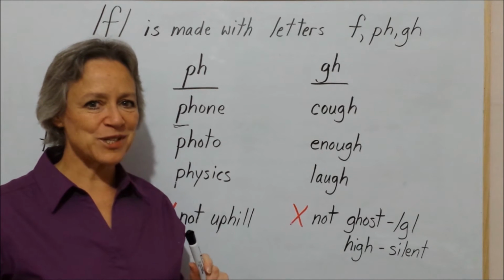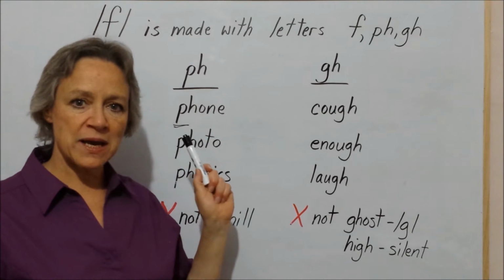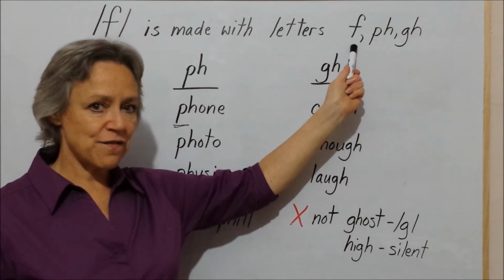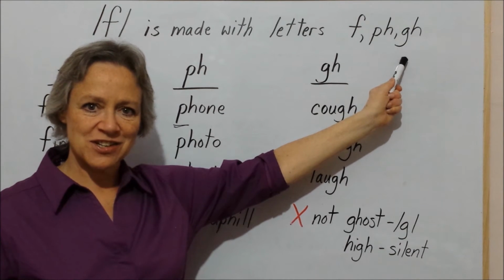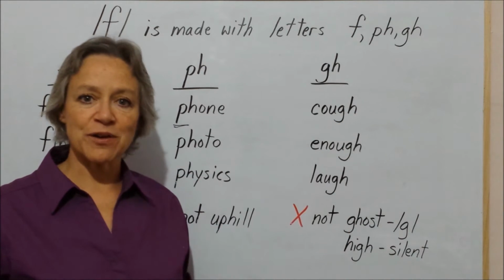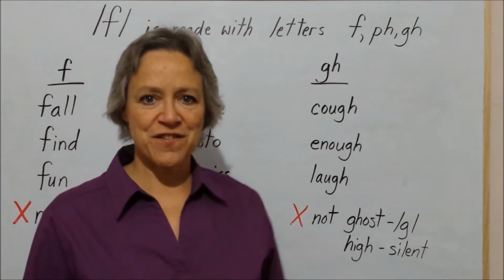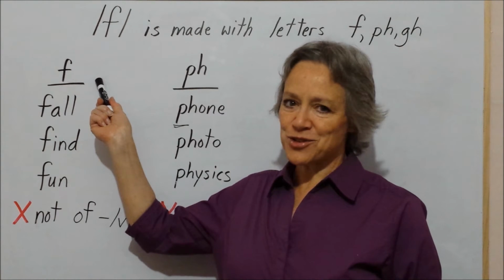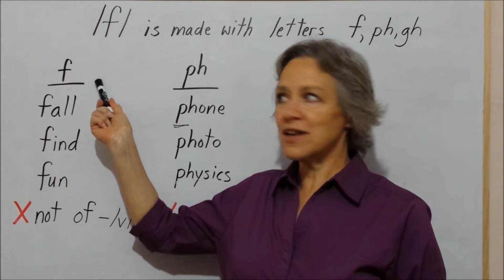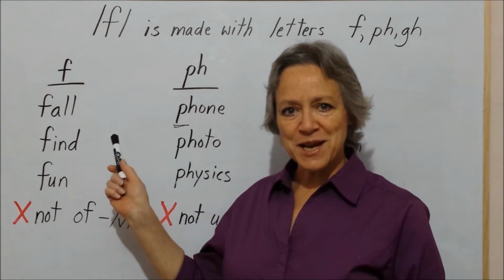All right, so once again, the sound F is made with the letters F, PH, and GH. And I have written some examples up here on the board for you, okay? Let's start with F. The letter F occurs in many words, and it does make the F sound. Here are three examples.